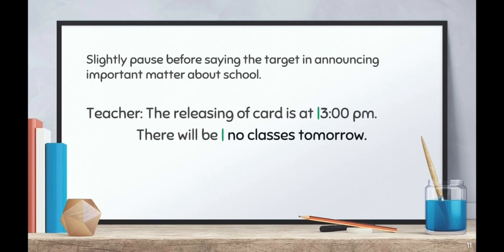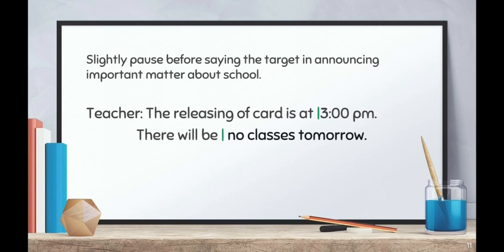Now, next one. Will there be a class tomorrow? Right, there will be no class tomorrow because the announcement of the teacher says that there will be no classes tomorrow.